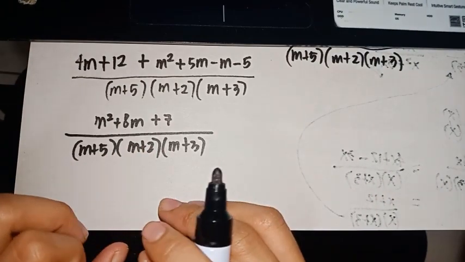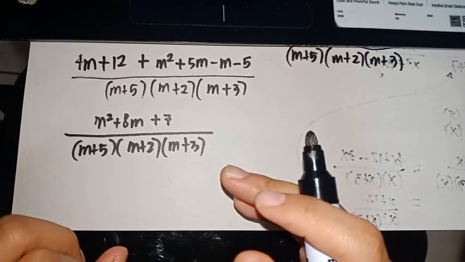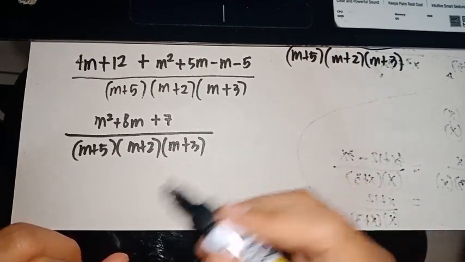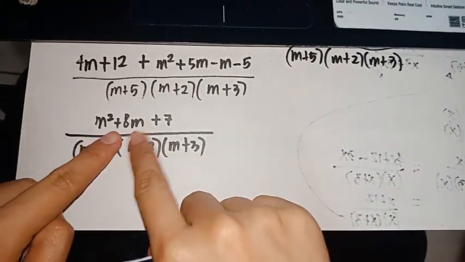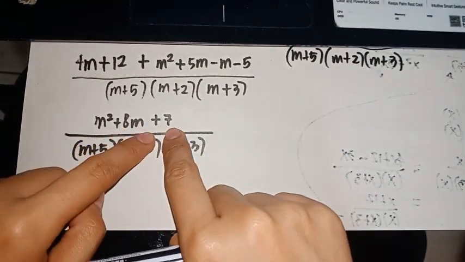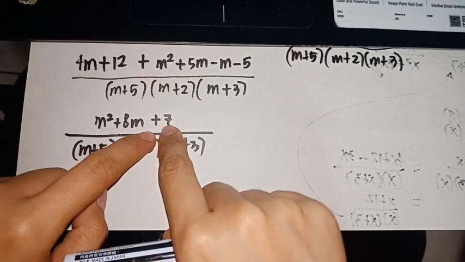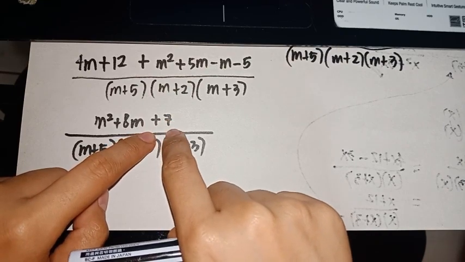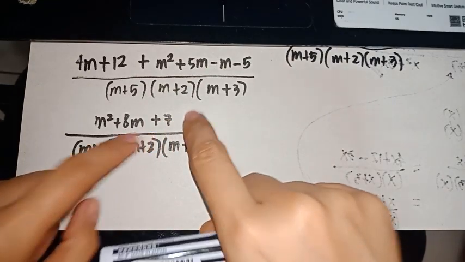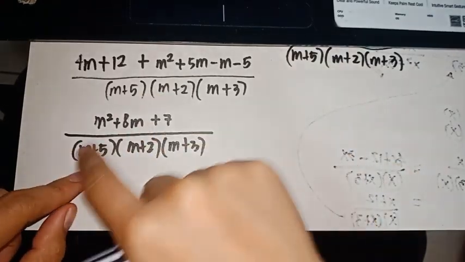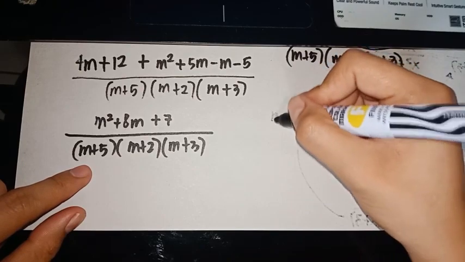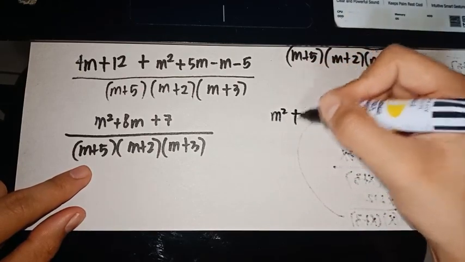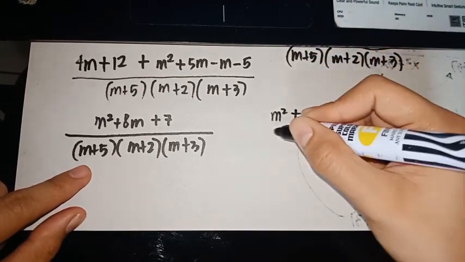Of course, in simplifying rational expressions, you have to cancel out common factors, right? So in this case, since we have m squared plus 8m plus 7, which is factorable, let's try to figure out the factors to see if we can still cancel out terms. Okay, so let's see. We have m squared plus 8m plus 7.